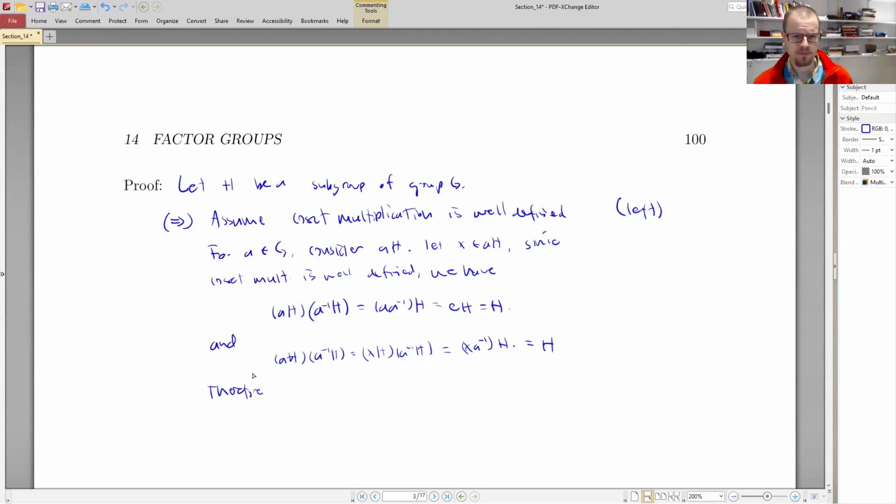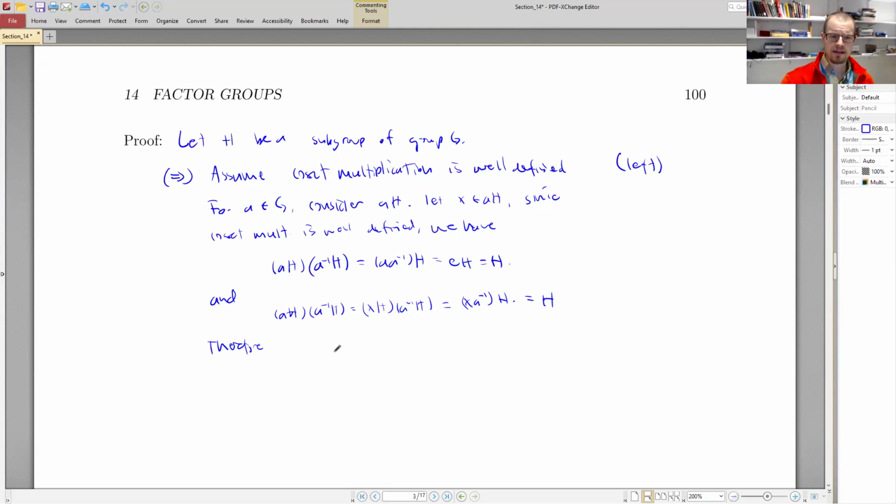Therefore, X times A inverse must be an element of H.